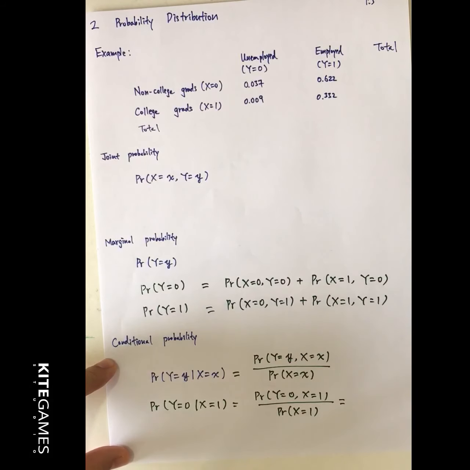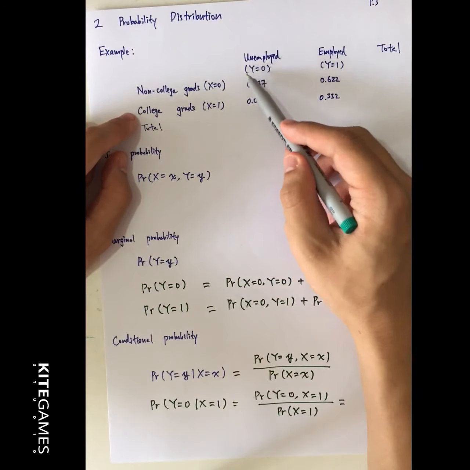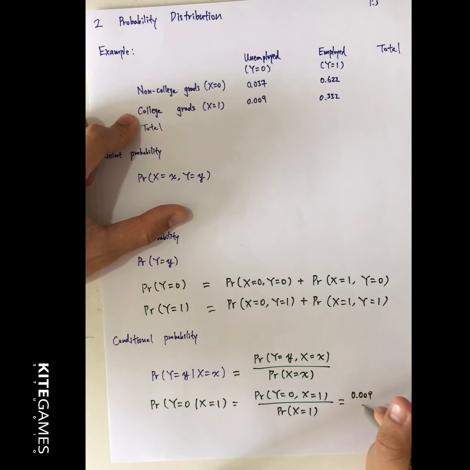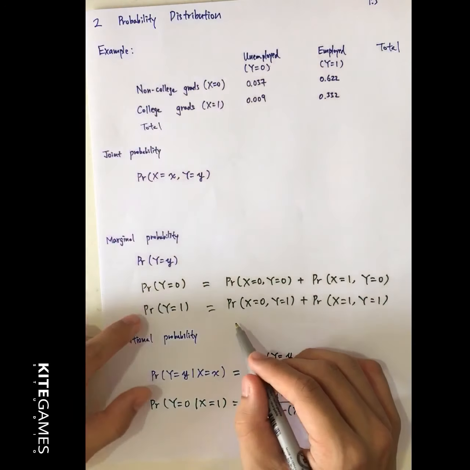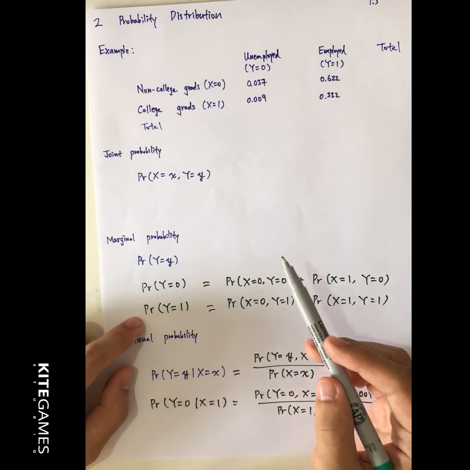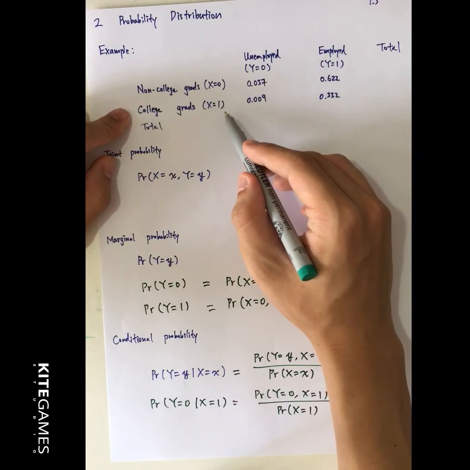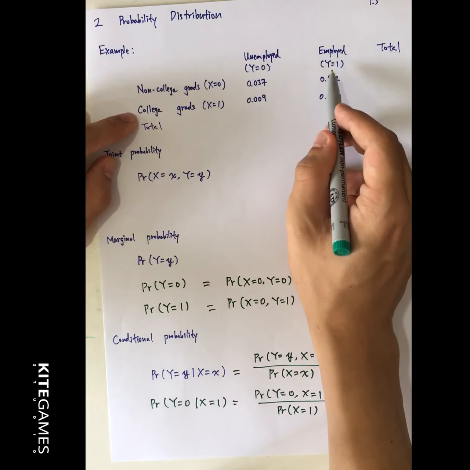What is the probability that y equal to 0 and x equal to 1? We go here, and the probability that y equal to 0 and x equal to 1 is 0.009, divided by the probability that x equal to 1. So what is the probability that x equal to 1? We go here, we can see that the probability x equal to 1 is equal to, you add up the probability that x equal to 1 and y equal to 0, and the probability that x equal to 1 and y equal to 1.